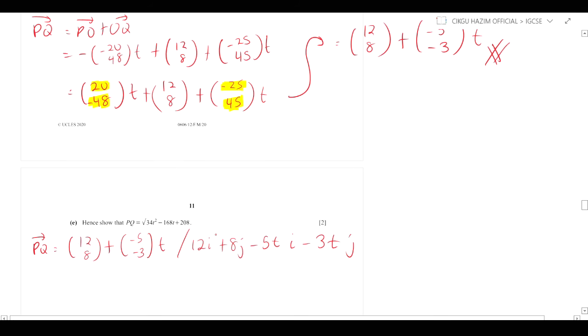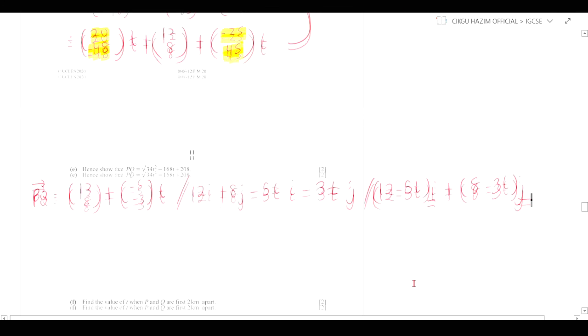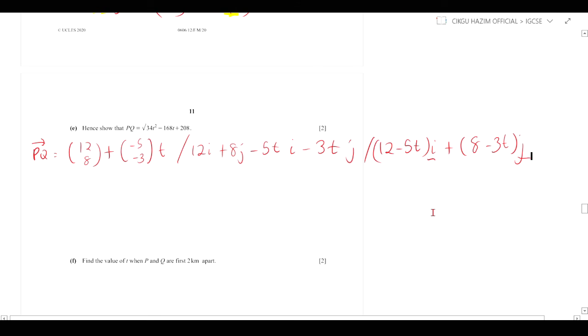If we combine i with i and j with j, it equals (12 minus 5t)i plus (8 minus 3t)j. So we have vector i and vector j, the movement in i and j like that.